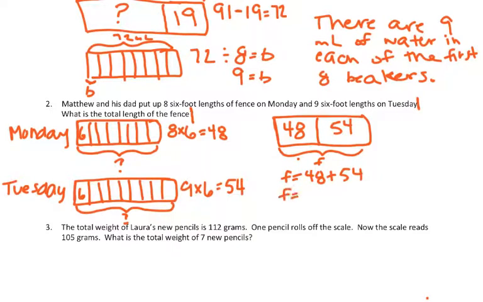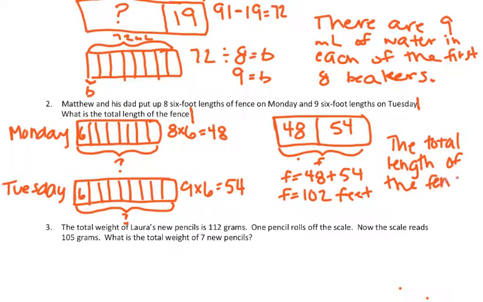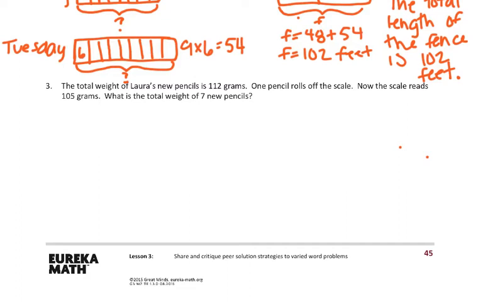And when you do that, you'll get that F equals 102. And we're looking at feet. So the total length of the fence is 102 feet. And there you have number 2. Moving on to number 3.